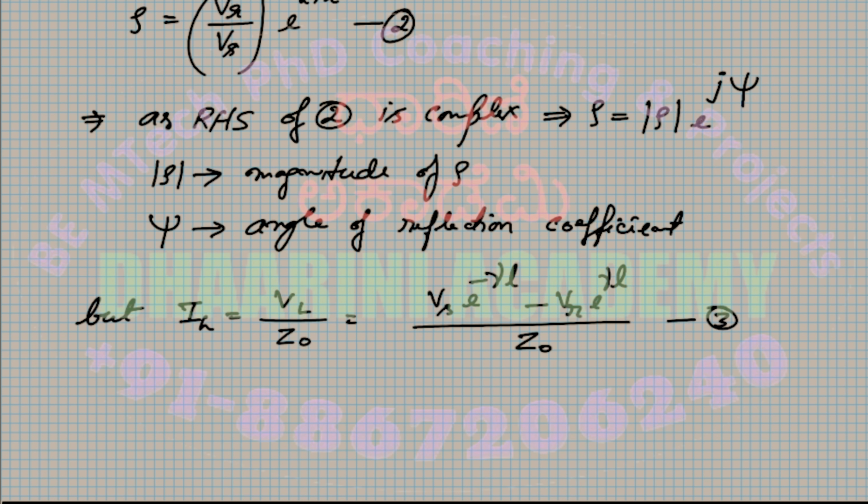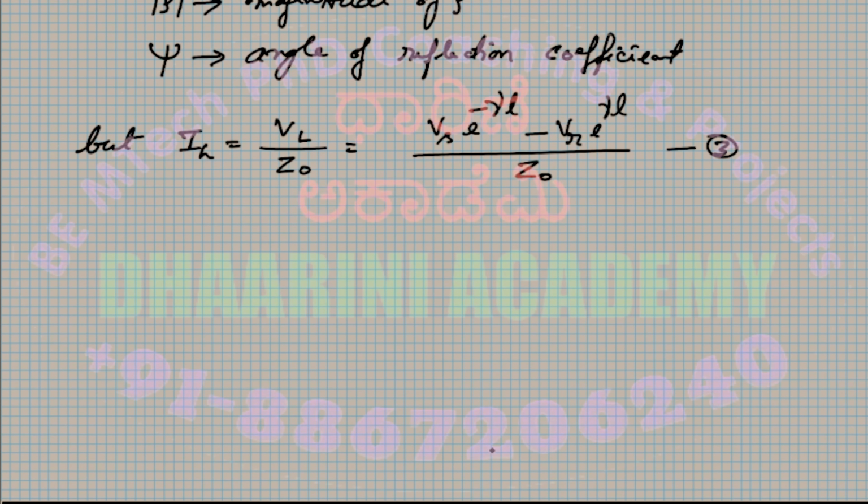Now, how do I calculate the load impedance required? By definition, ZL is the voltage across the load divided by the current through the load. That's the actual value of ZL, and VL we have just calculated.